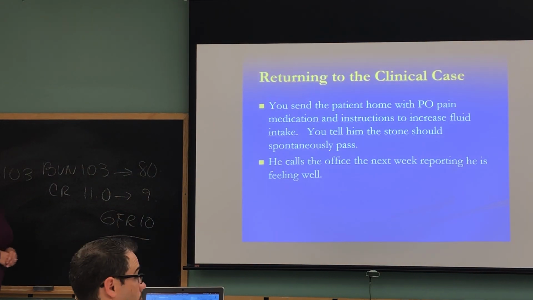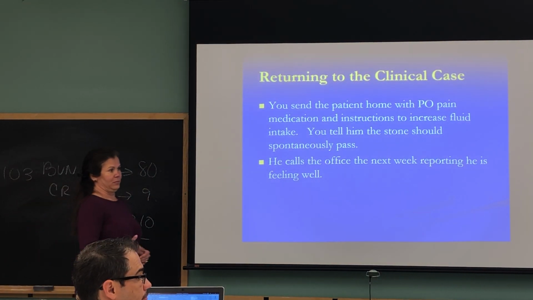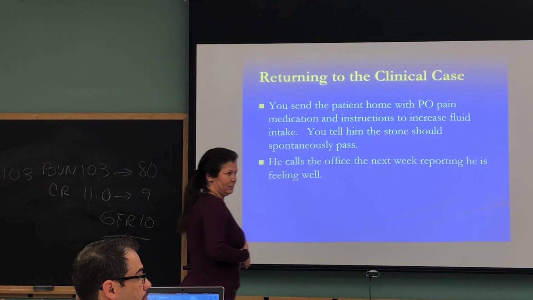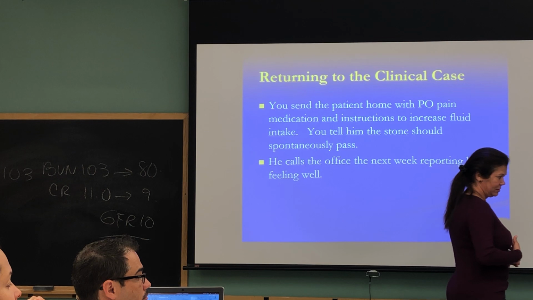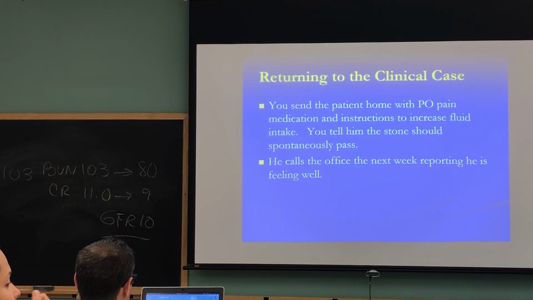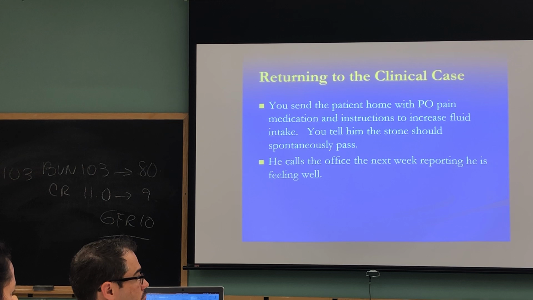So, sorry, the previous slide said non-obstructing stone. So what if you have a patient that presents to the ER with the pain and everything, and the CT shows an obstructing stone, and you're giving the fluids and everything? You won't pass it. Okay, so that patient requires intervention, more so than just fluids.